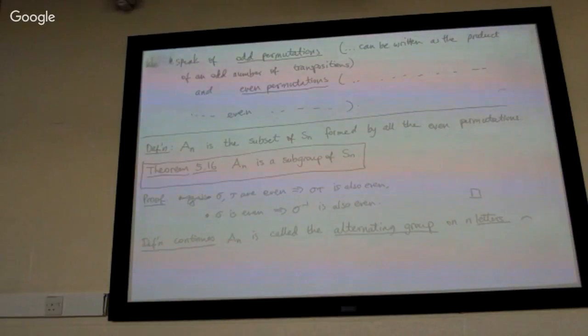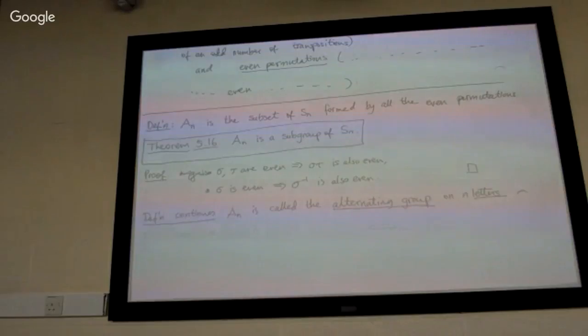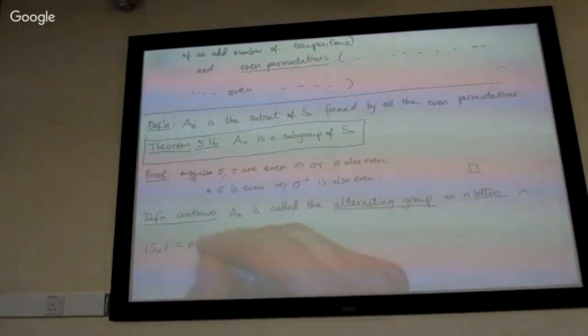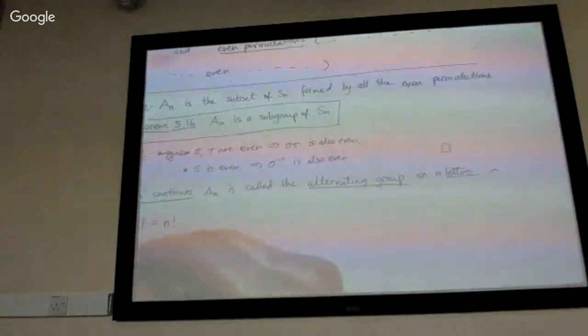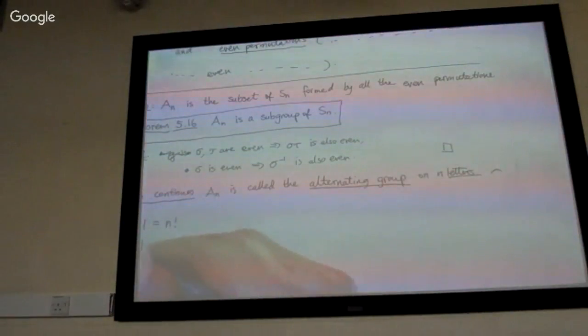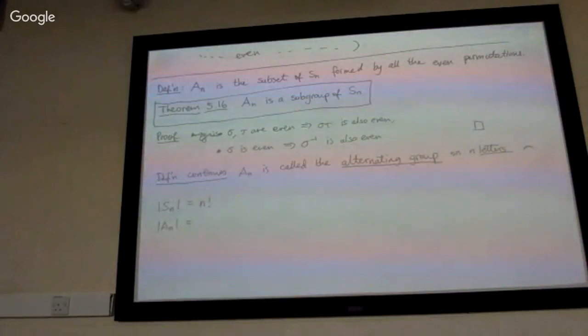Okay, so probably the last note about alternating permutations is the order of the subgroup. So first, as a reminder, what is the order of the symmetric group? And what is the order of the alternating group? n over 2 factorial.